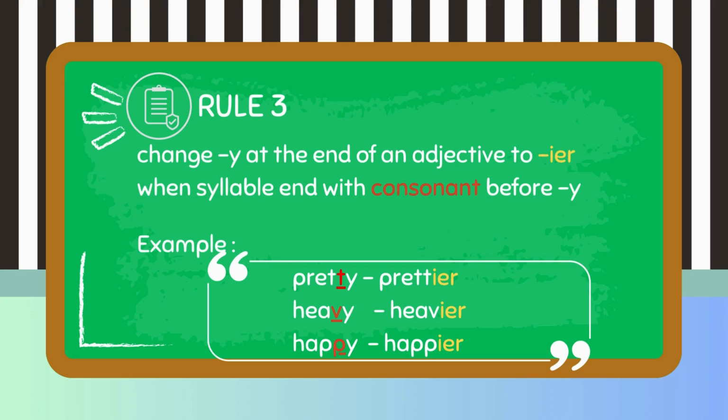Therefore, we have to change Y and we add IER. So, pretty becomes prettier. Look at the second example. We have heavy and then the consonant V comes before the letter Y. So we change the letter Y and we add IER. Therefore, heavy becomes heavier and happy becomes happier.